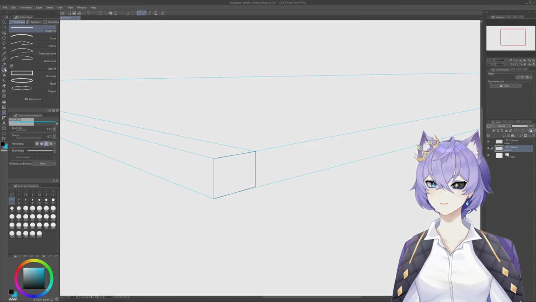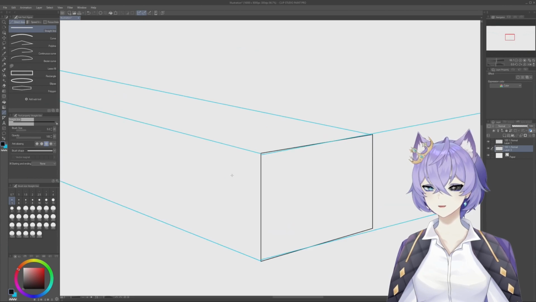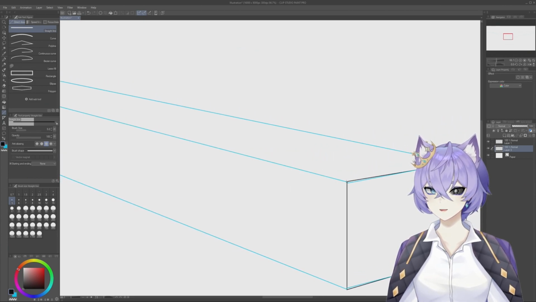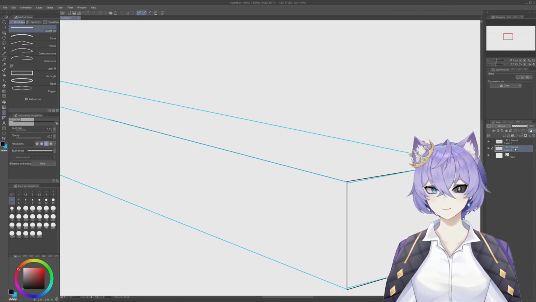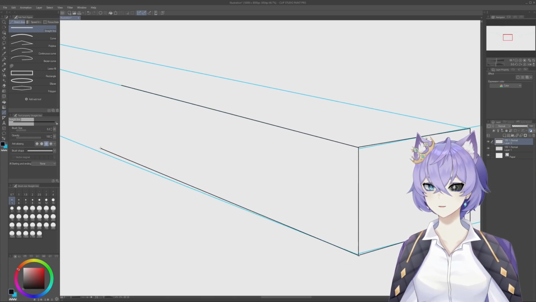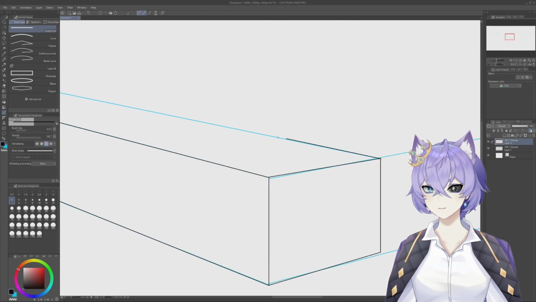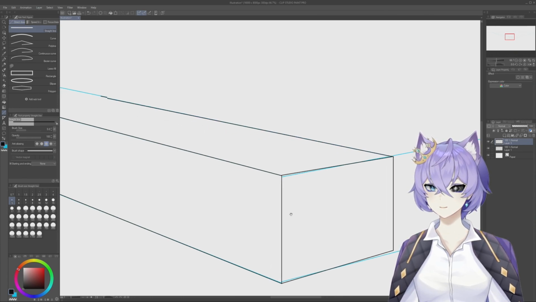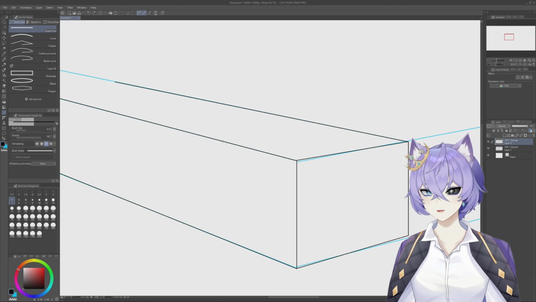Which also means our box, we take our black color now. Following the lines that we have made, our cube should exist on this point with this as its secondary, this as its third line, and I go straight down this one. Actually, let's make that a little thicker. About that.